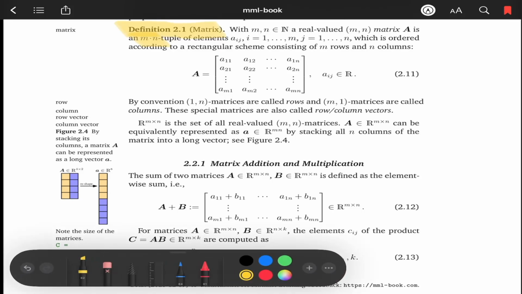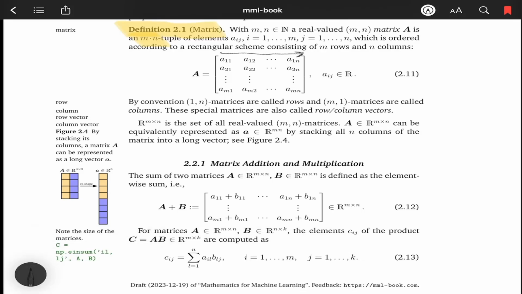Okay, so let's just use plain language here. A matrix is a box of numbers. And the numbers are organized in this schema where the number of columns is n and the number of rows is m.